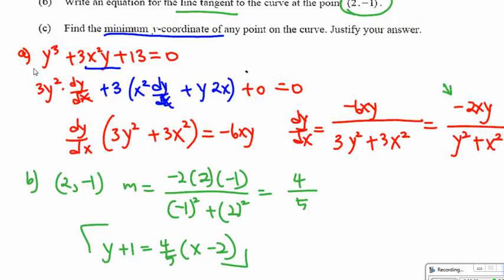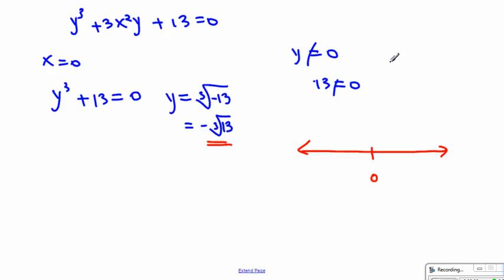Now, knowing that y prime is equal to negative 2xy over x squared plus y squared, if x is a negative value, then we realize that the expression will be positive, given that y is positive. And when x is positive, given that y is positive, then this will be negative.